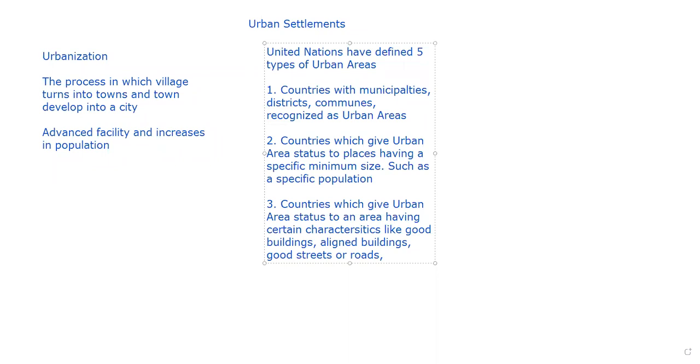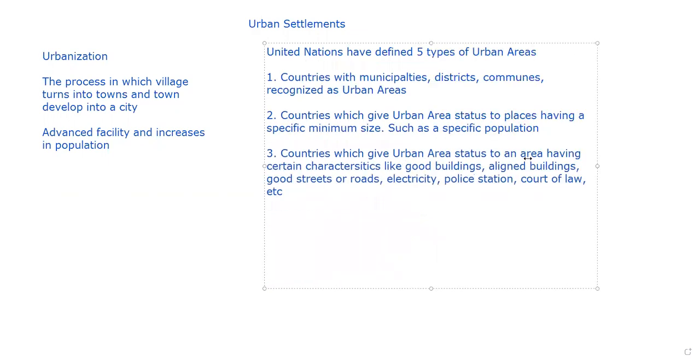So good streets or roads, then if they have the facility of electricity, then a police station or a court of law. In this condition, they give the status of a city, whether there are enough number of people or municipality or not. So these are for developing countries.